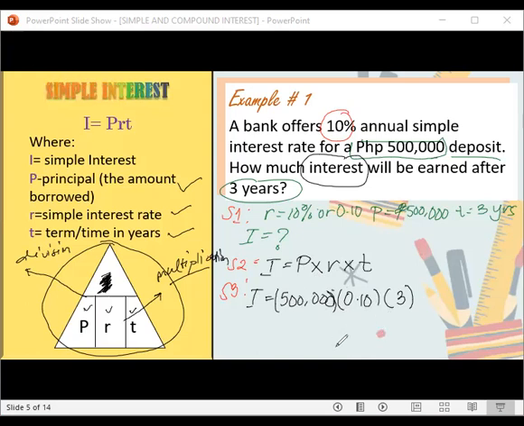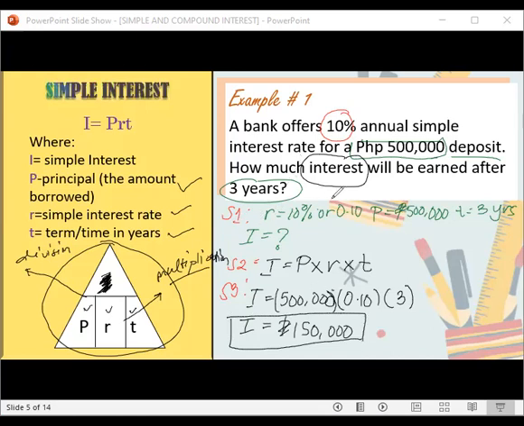You can use a calculator, scientific calculator. Also, you can use the traditional way, which is the pen and paper, magsasagot sa papel. Or if kaya nyong i-mental, gamit lang ng isip, kung ano yung preferred ninyo. Okay? So, for this one, 500,000 times 0.10 times 3, the final answer or the interest is 150,000 pesos.